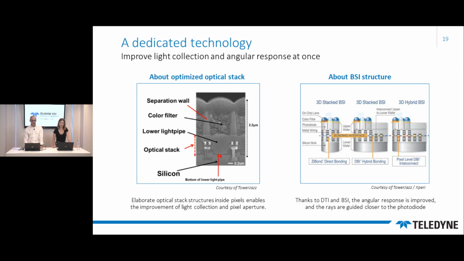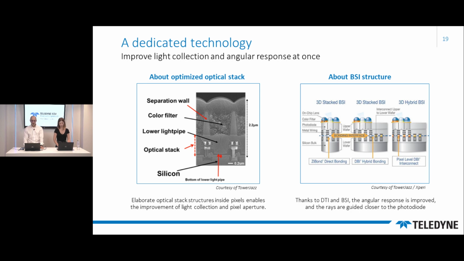First of all, a dedicated technology to improve light collection and angular response at once. For a relatively long period of time, CMOS technology had very little specificity for imaging. Now, complex stacks with layers of optimized optical index have emerged, especially with the reduction of pixel size.